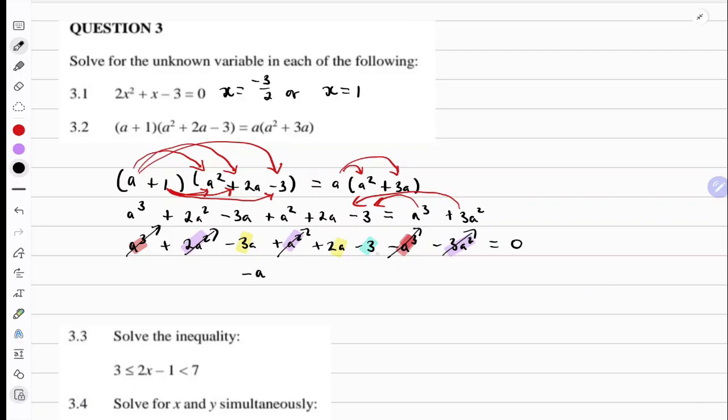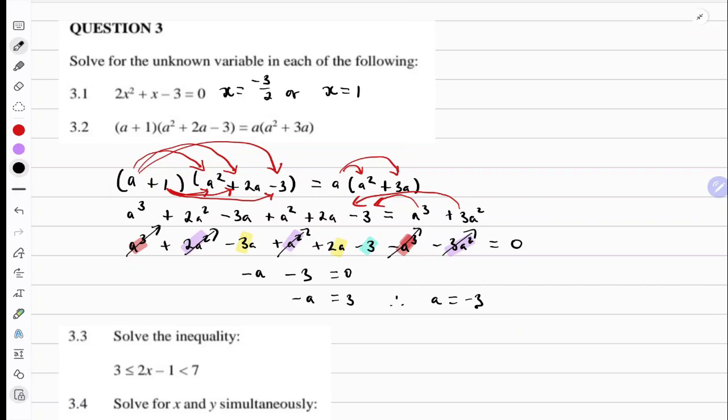And then we have minus 3 is equal to 0. So it means that negative a should be equal to 3. Therefore, a should be equal to negative 3.